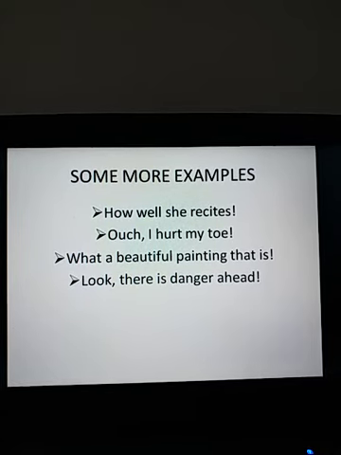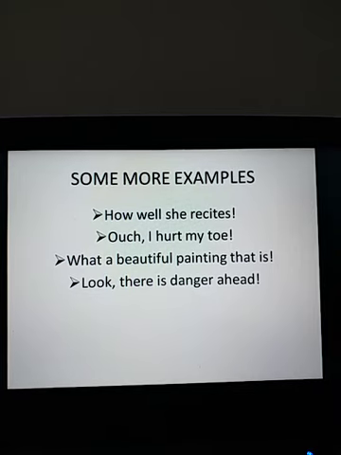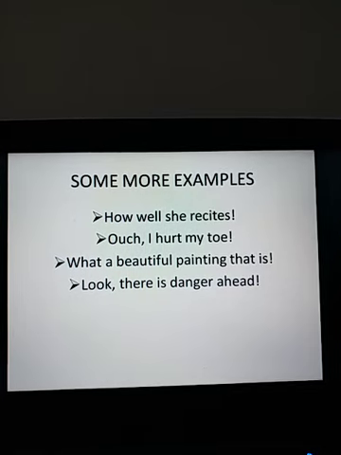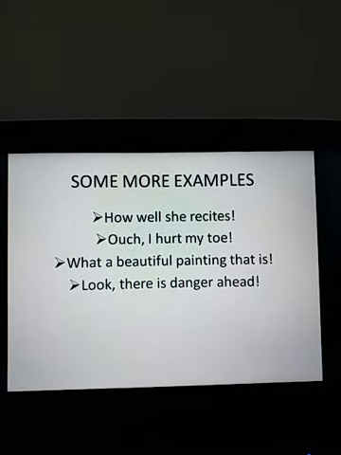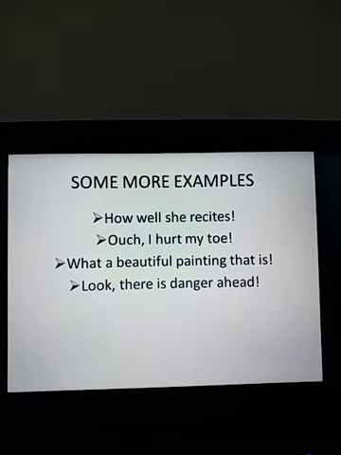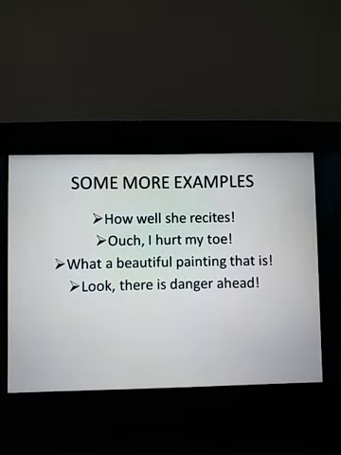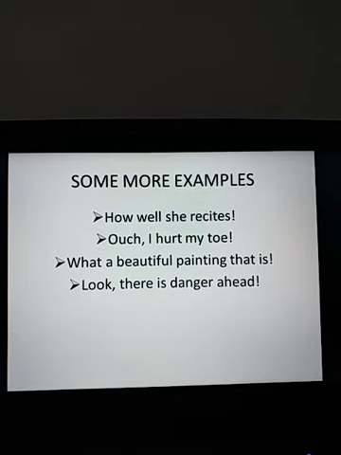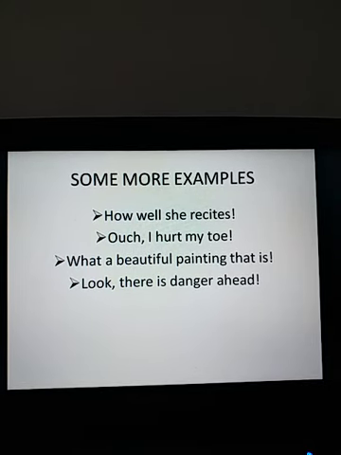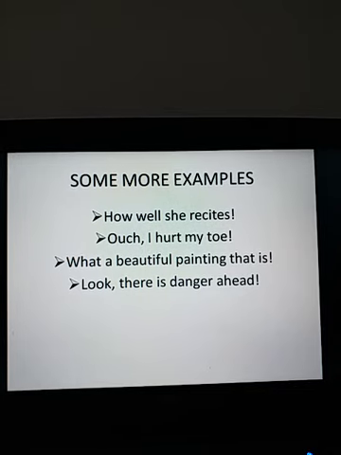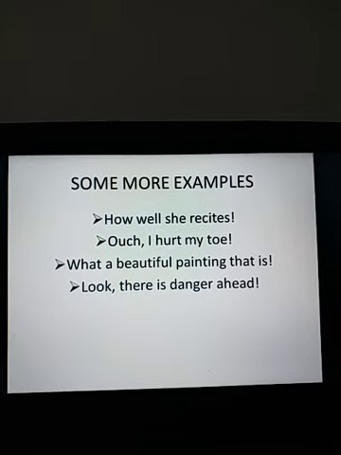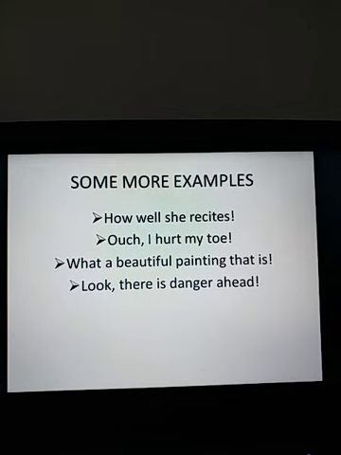The emotions can be one of joy, happiness. Like in the first and the third sentences, you are appreciating something or someone. In the first case, you are appreciating how well she recites. Yes? Whereas in the third sentence, you're appreciating the beauty of a painting. The second sentence, you see, is different from the first and the third sentences, right? Ouch, I hurt my toe. Now, whenever you get hurt, children, you use such words like ouch, oh, yes.